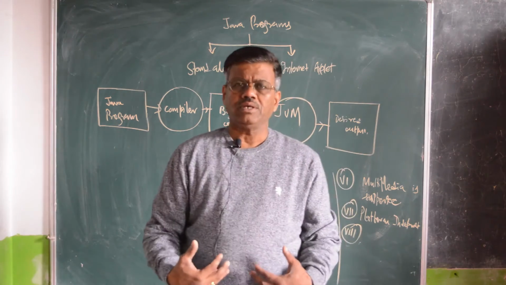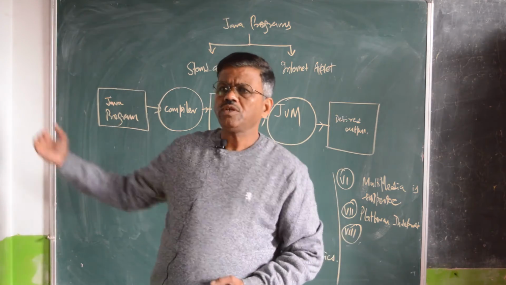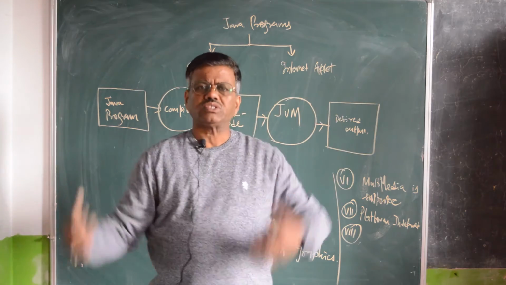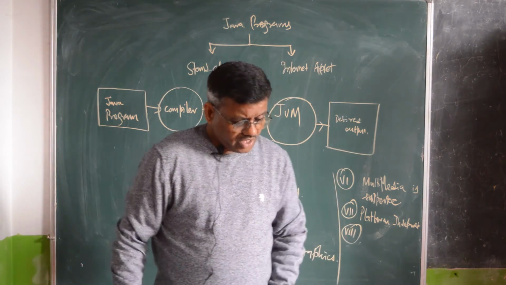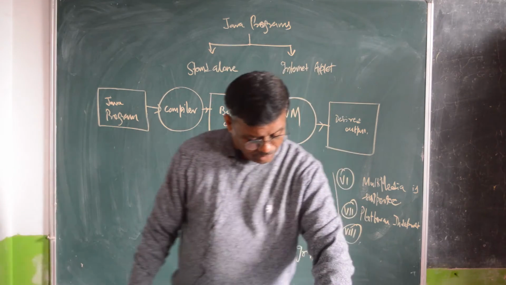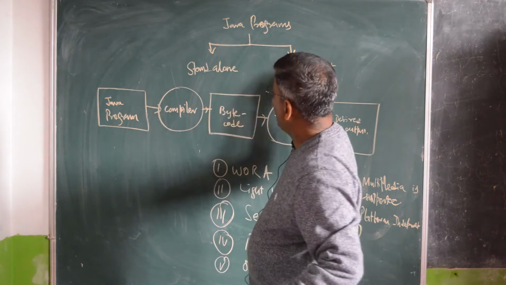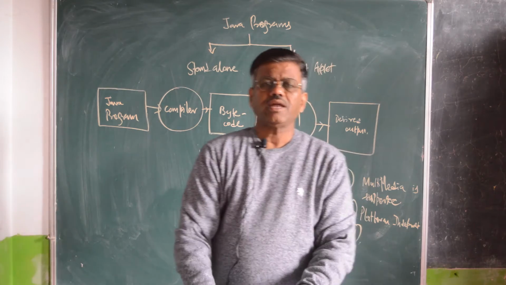What do you mean by internet applet? I write a program in this computer, I put it in the server, and whoever visits that website, that particular program gets triggered. It executes, in other words. It's called a Java applet. So there are 2 different types of Java programs: standalone applications and internet applets.